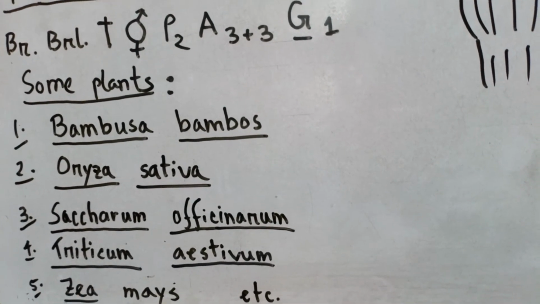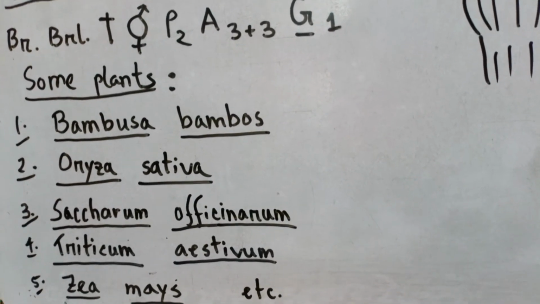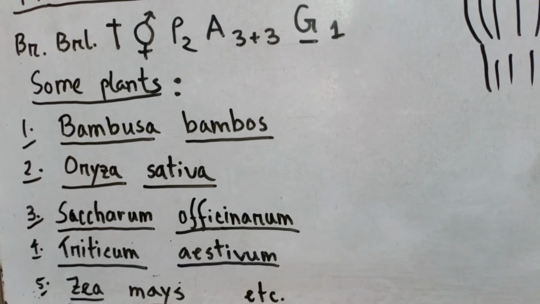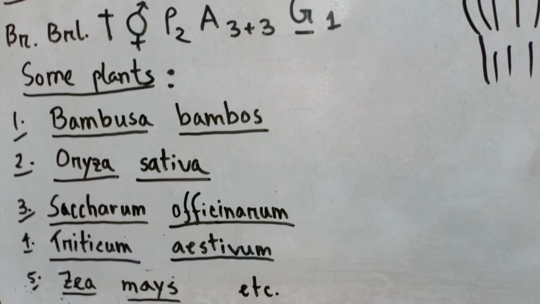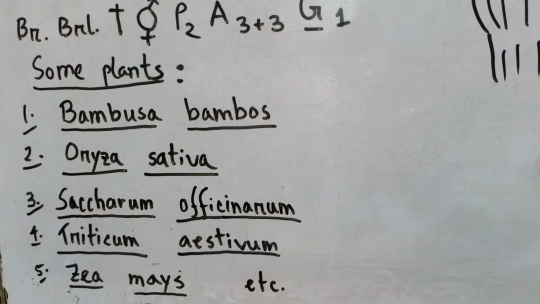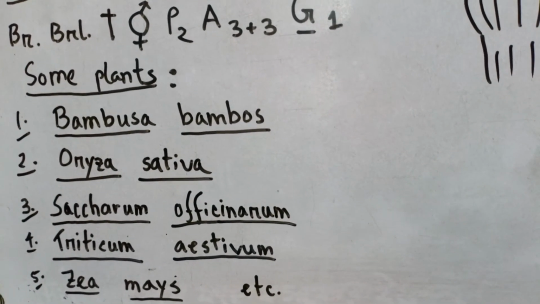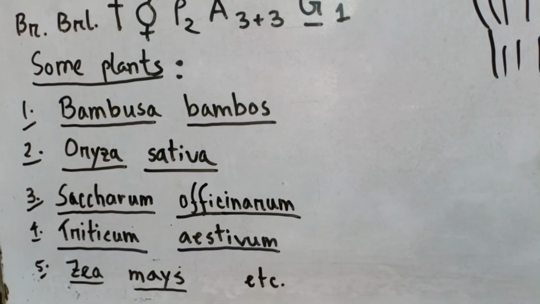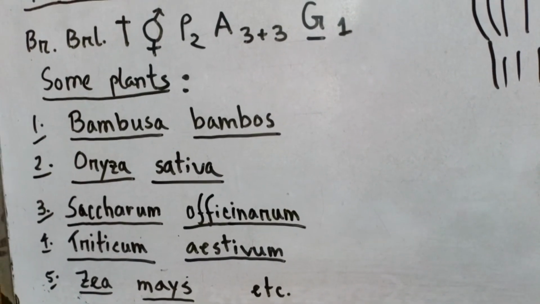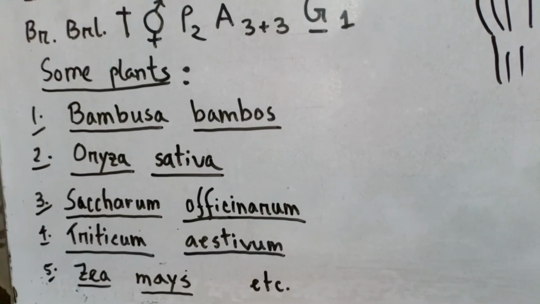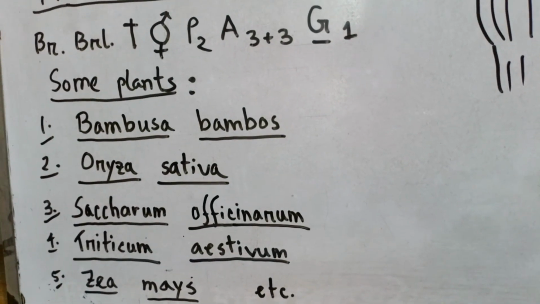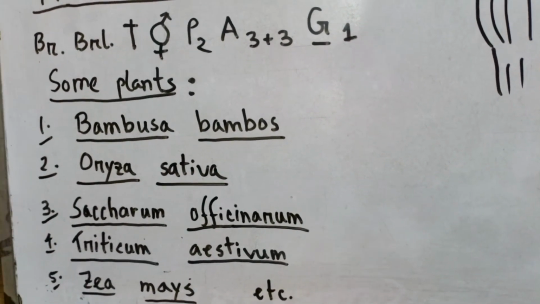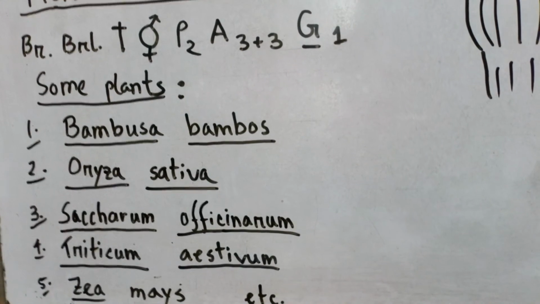Then Cynodon dactylon, doobgrass, which has important medicinal values. It is also used in case of any kind of injury, to stop bleeding if any injury occurs.